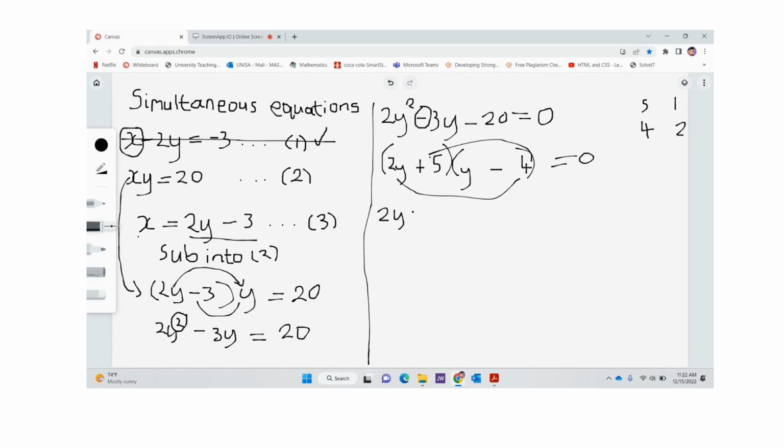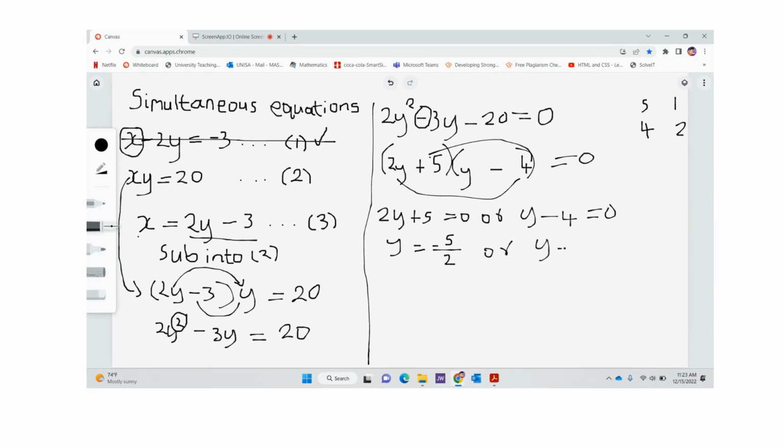So 2y plus 5 is equals to 0, or y minus 4 is equals to 0. So we get two y values. The first one is y will be equals to minus 5 divided by 2, or y will be equals to 4.